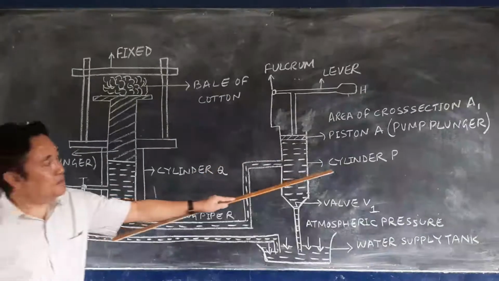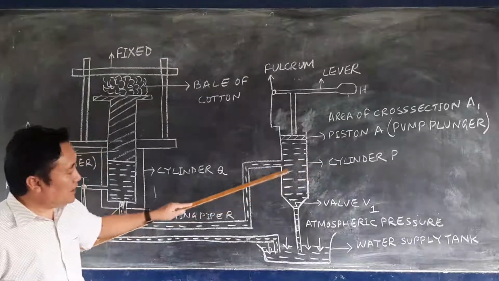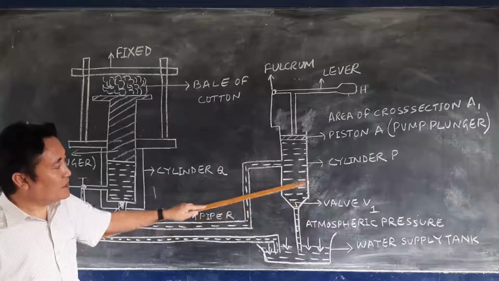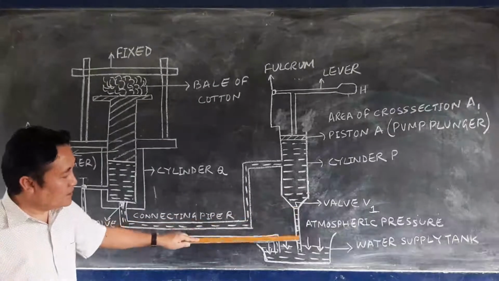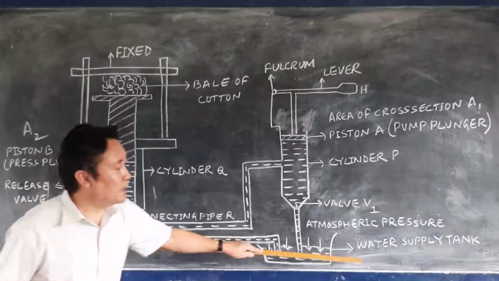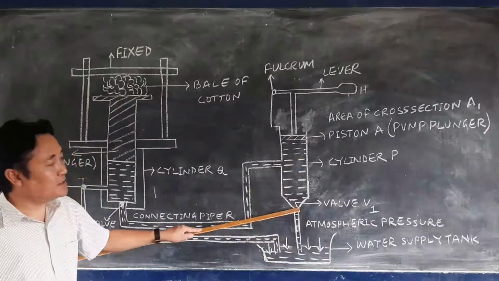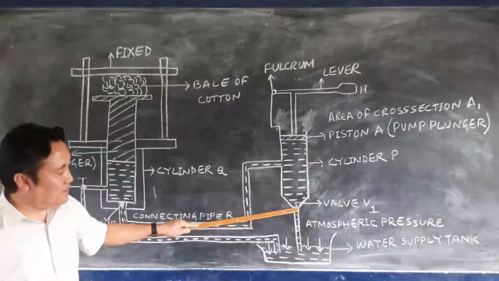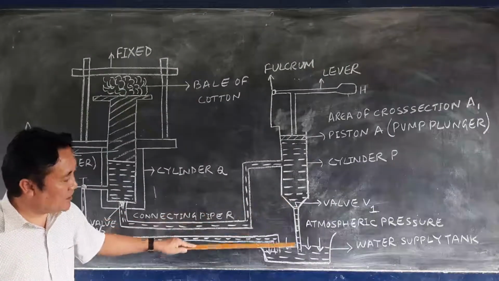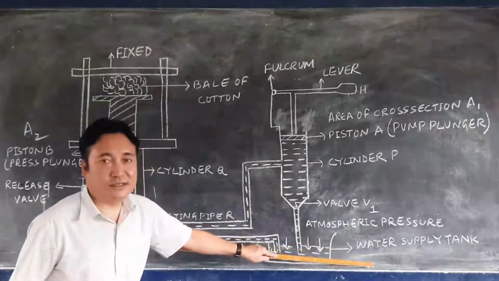The base of cylinder P is connected with the valve V1, which is again connected with a water supply tank, or reservoir.